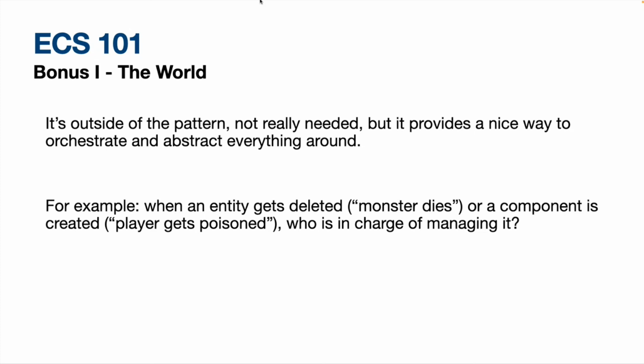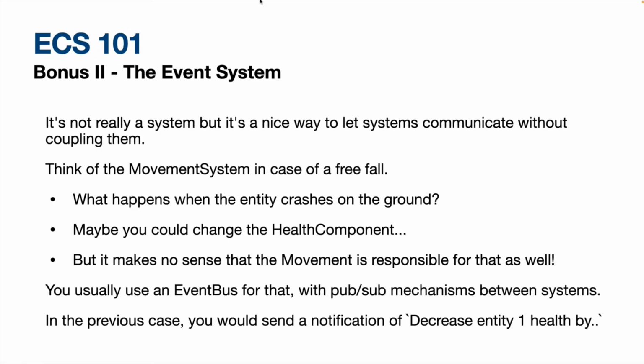The second one is the so-called event system. Now, it's a system, but not in the ECS sense. It is there just to keep a system even more isolated. Think about the movement system. The player is falling down. If it falls long enough, if it crashes to the ground, you would want to update the health in some way. The player got hurt, at least.